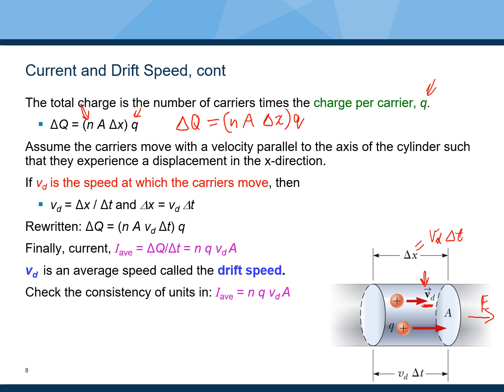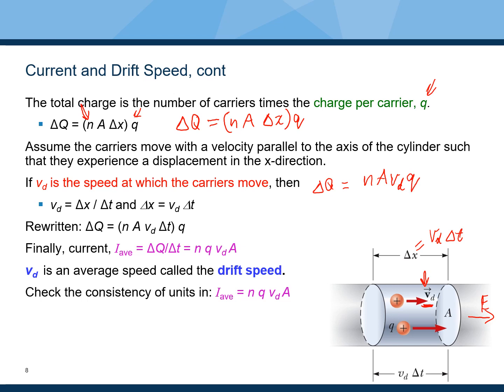This allows us to write delta q as being equal to the number density times the cross-sectional area times the drift velocity times delta x times q times delta x.